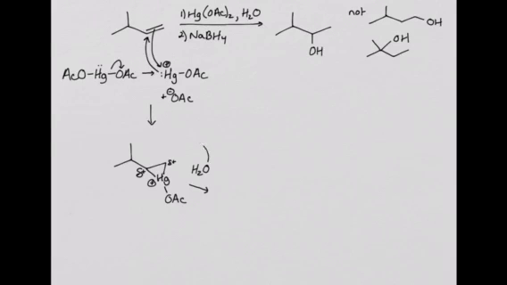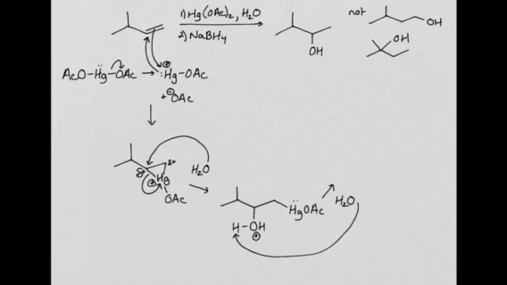Therefore, the water attacks the more substituted carbon, giving this protonated alcohol intermediate. Next, another molecule of water deprotonates the protonated alcohol. In the final step, sodium borohydride is used to remove the mercury and to produce the final alcohol product.